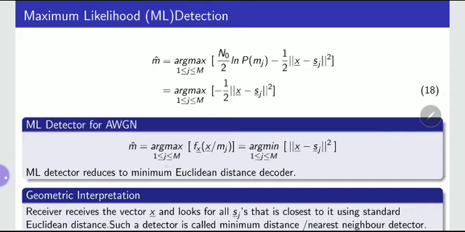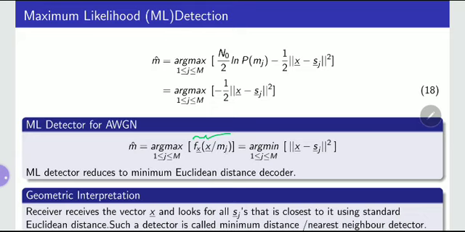That also can be removed. So for the ML detector, the rule is M cap equal to argmax, or maximize, Fx of x given Mj. So this is called a likelihood function that we have already studied. So that is why this is called maximum likelihood detection. Maximize the likelihood function.